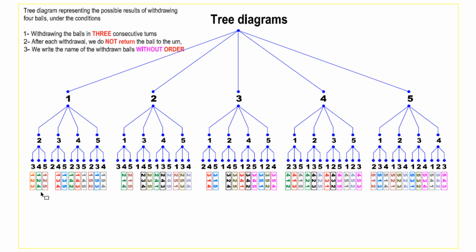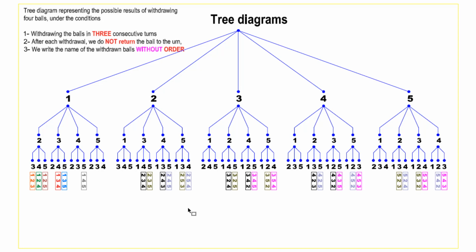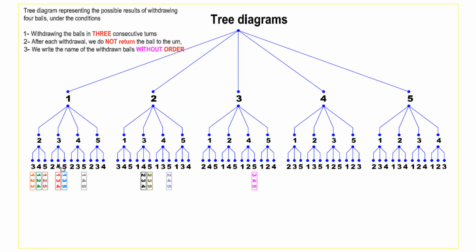And for the sequence 1 to 4, we have also 6 different orders, so we cancel these 5 here. And from the sequence 1 to 5, we have also 6, so we cancel the extra 5, and we keep doing so. And we can see that these sequences in the tree are dwindling until we arrive at the final sequences here, which are the sequences without order.